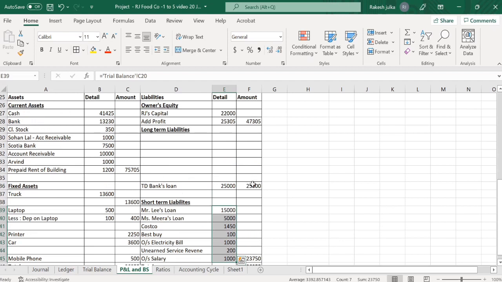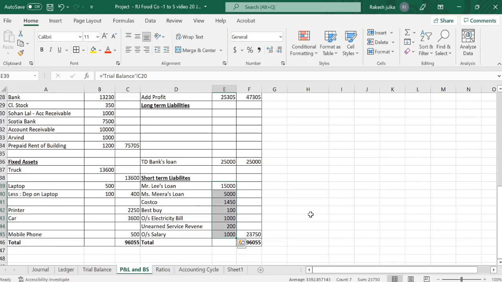But we will not consider owner's equity, because this is the owner's own money invested. This is not debt of the company. Right? So outsider liabilities are long-term plus short-term. So I'm going to add these two figures here, and I can put the formula here for the debt ratio.